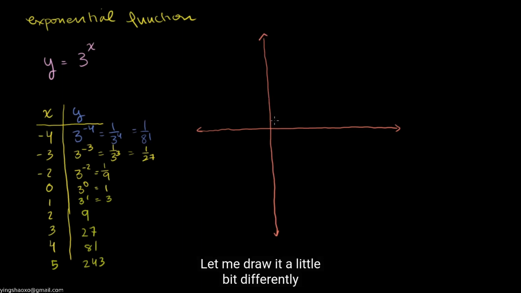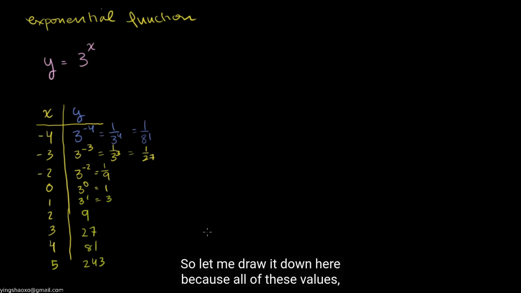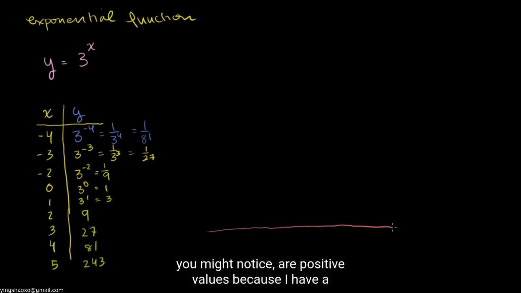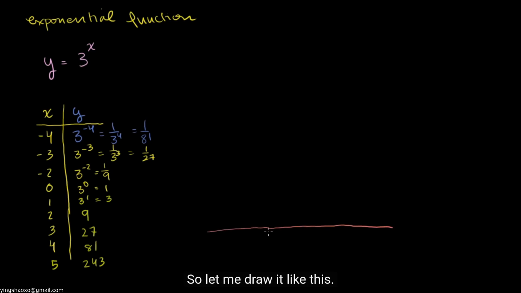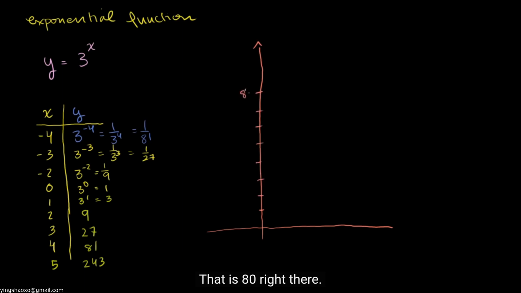Let me draw it a little bit differently. Let me draw it down here, because all of these values, you might notice, are positive values because I have a positive base. So let me draw it like this. Good enough. And then let's say I have 10, 20, 30, 40, 50, 60, 70, 80. That is 80 right there.